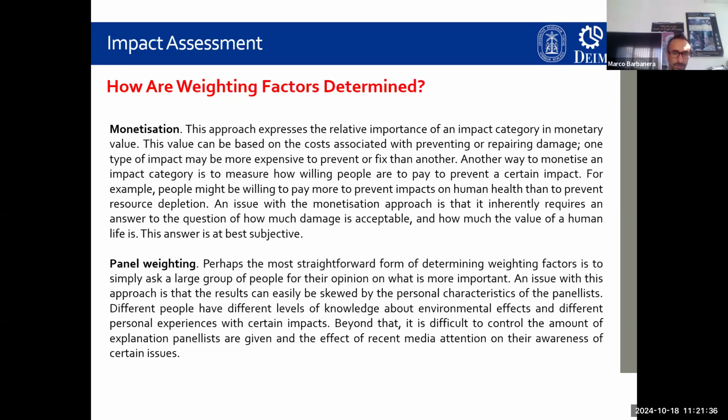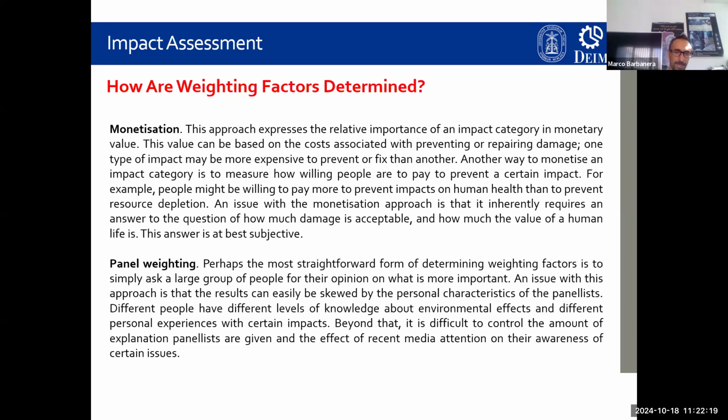An issue with this approach is that the results can easily be skewed by the personal characteristics of the panelists. Different people have different levels of knowledge about environmental effects and different personal experiences with certain impacts. Typically, this approach is the most used in impact assessment methods, but it is a subjective approach, no?